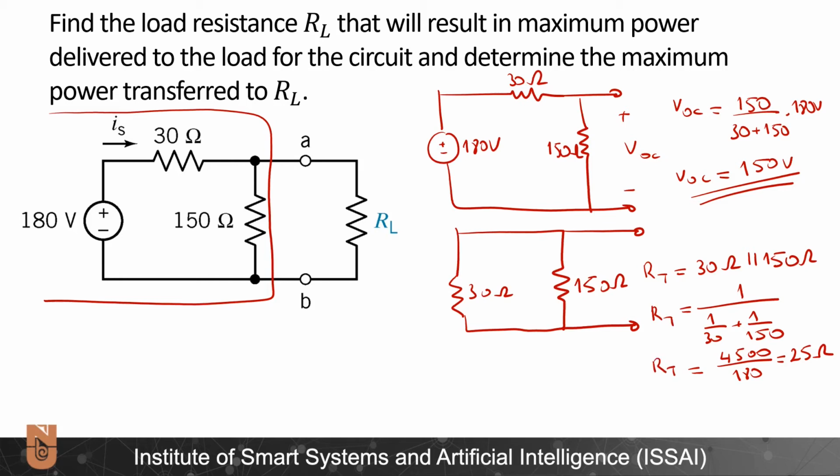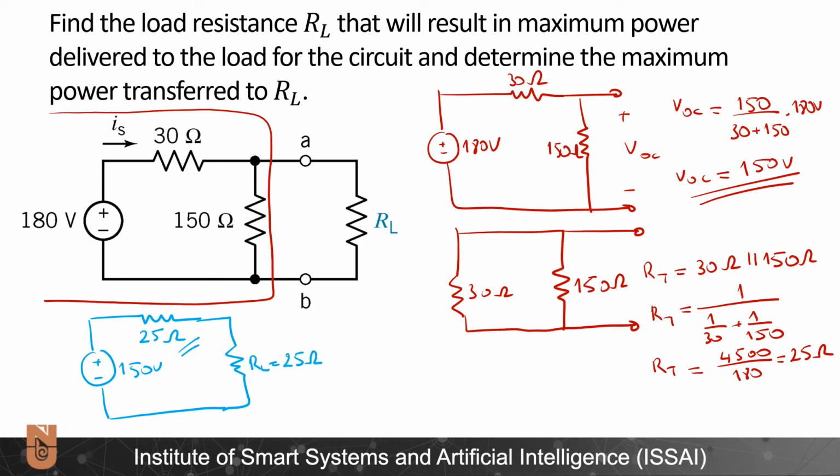Accordingly, the equivalent circuit becomes the open circuit voltage of 150 volts and the Thevenin resistance of 25 ohms. And for the maximum power transfer, our load should be equal to the 25 ohms.